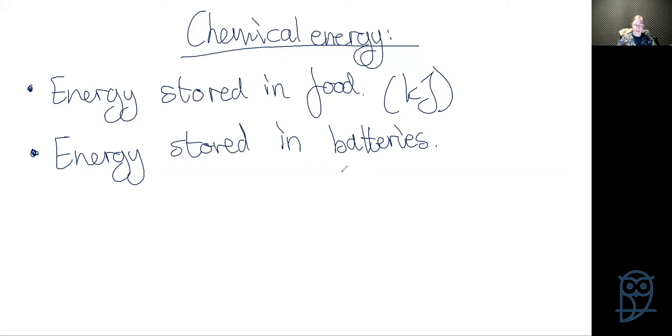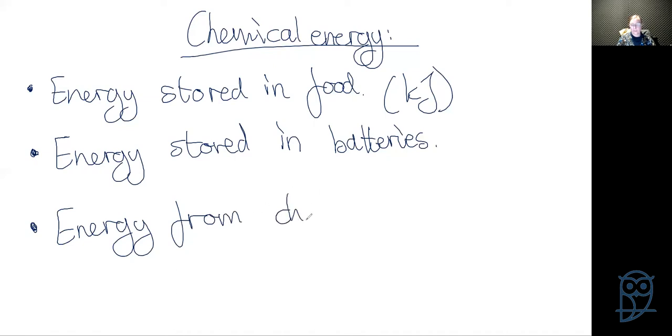The last kind is energy from chemicals reacting, which sounds kind of strange when I just talked about batteries. This is just literally any 2 chemicals that we have reacting in some way that we can get energy from. Okay, so with this one, there are a few different ways that the chemicals can release this energy.